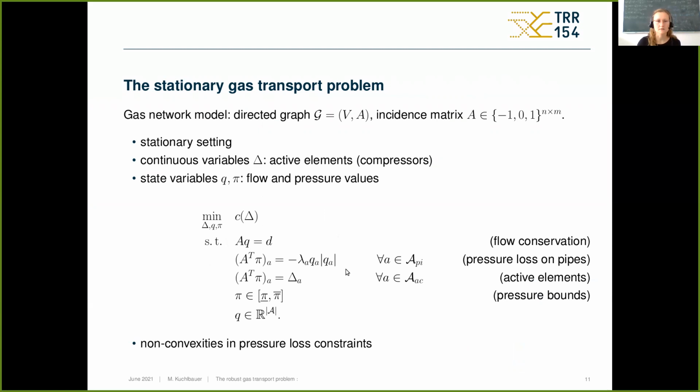So the difficulty of this problem lies here, where we have non-convexities, as we have this non-convex pressure loss constraint.